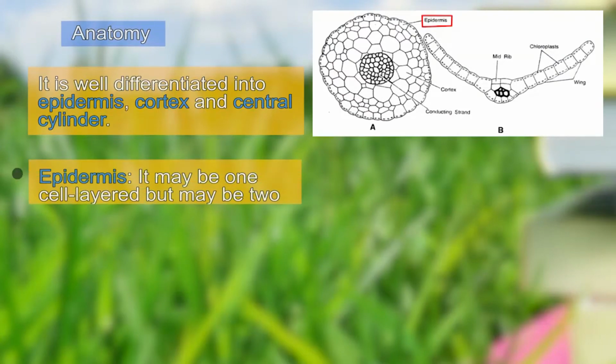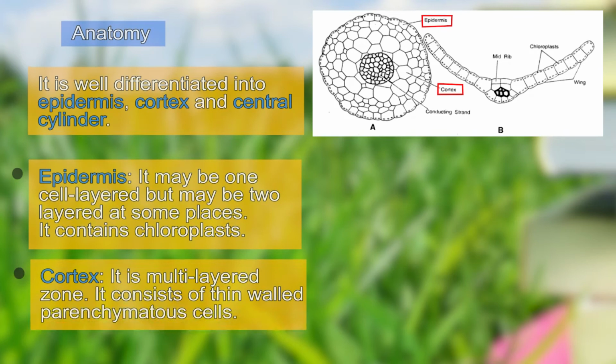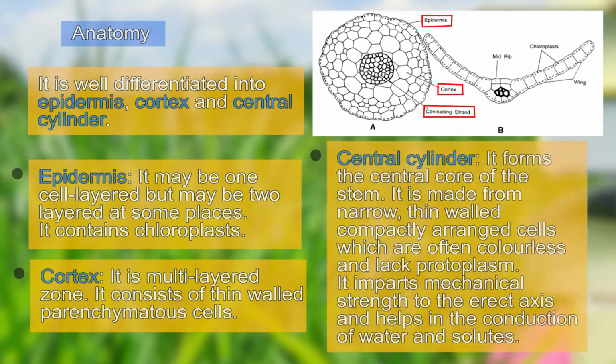Anatomy. Moving ahead into the anatomical features of the gametophyte, it is well differentiated into an epidermis, cortex and central cylinder. Epidermis may be one cell layered or may be two layered at some places. Cortex is a multilayered zone made from parenchymatous cells. It has a central cylinder.